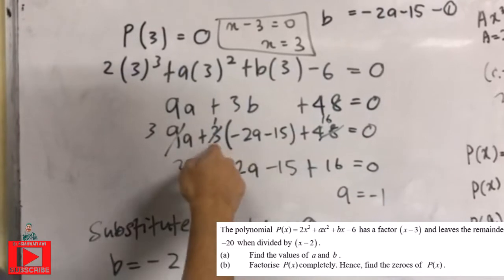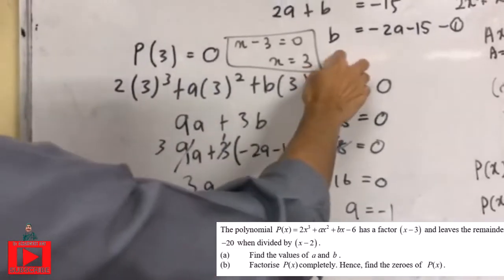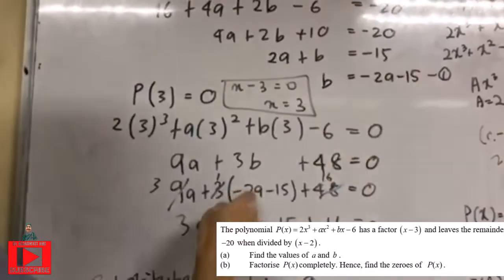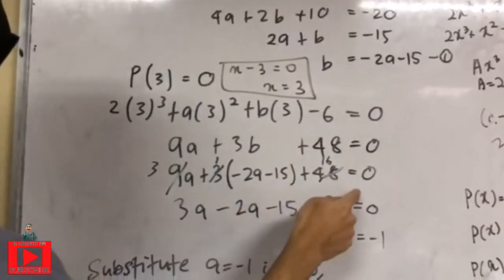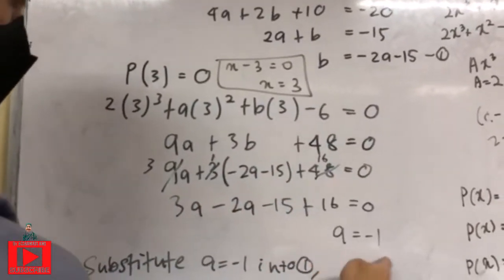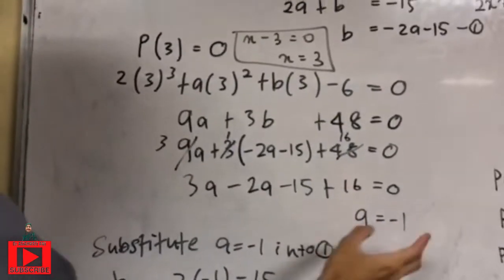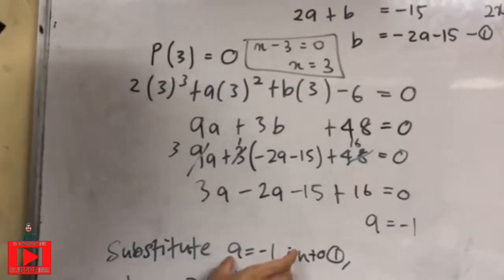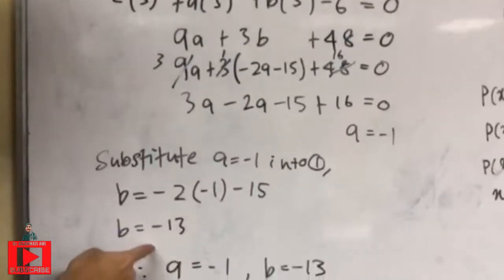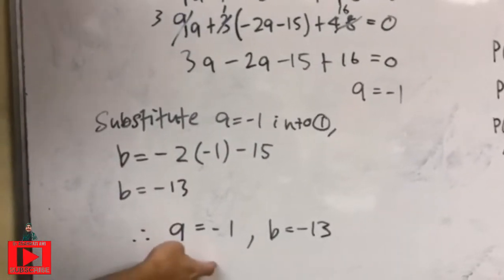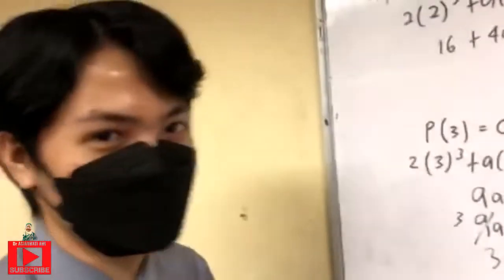And then we insert the value from this. We substitute the b this value, and then we calculate, so we get a equal to negative 1. And then we substitute back a equal to negative 1 from this equation, and then we get b is negative 30. So a is negative 1 and b is negative 30.